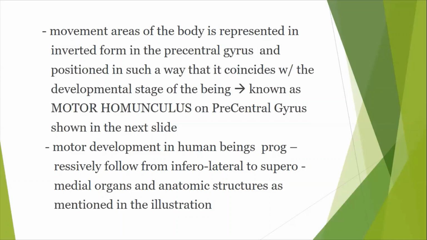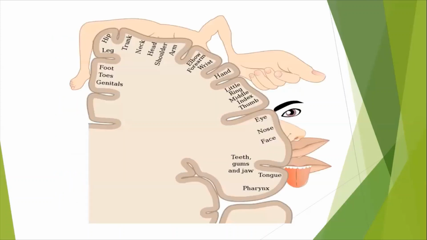Motor development in human beings progressively follows from inferolateral to superomedial organs and anatomic structures, as mentioned in the illustration in your motor homunculus, which is this. The development here will follow also with our growth.